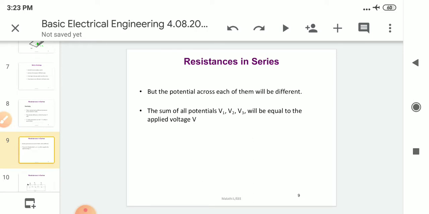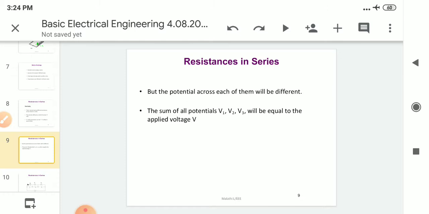But the potential difference across each of them will be different. Here V1, V2, V3 are the three different voltages. The sum of V1 plus V2 plus V3 is equal to V, but V1, V2, V3 are not equal voltages.